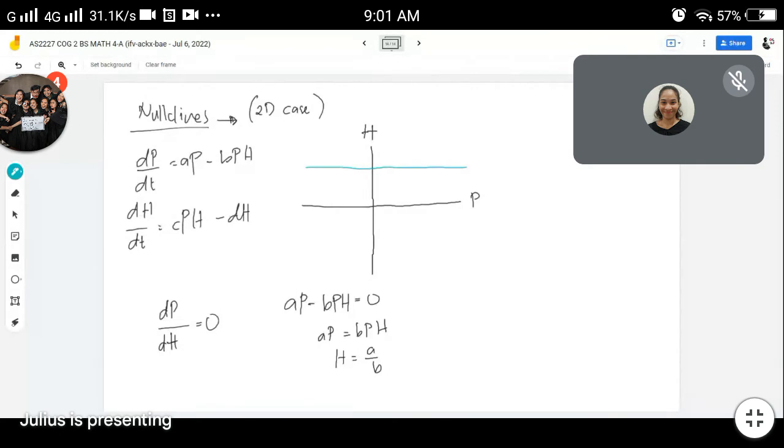Do you agree? Ang imong x-axis ay P, imong y-axis kay H. So, ang imong H ana ra siya. Okay, sige. A over B na siya, sir. Yeah, okay. If I divide this by BP, makancel si P, so mabilin H equals A over B.